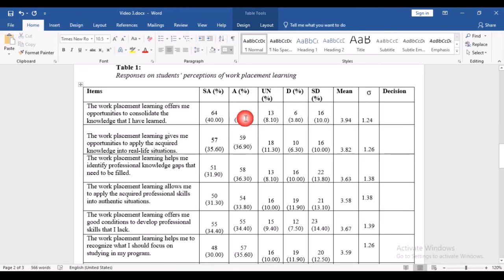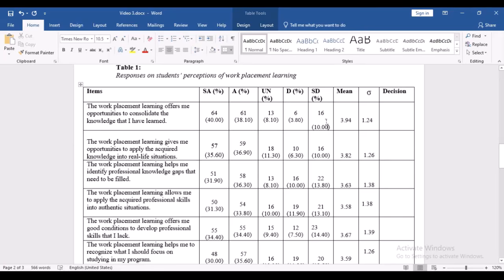This is important, because you may want to use the percentages to report your findings, just in case you want to report the total number of people, the percentage of those that strongly agreed, those that agreed, those that are undecided, those that disagreed, and those that strongly disagreed. So you may want to easily use the percentage value here to report that.